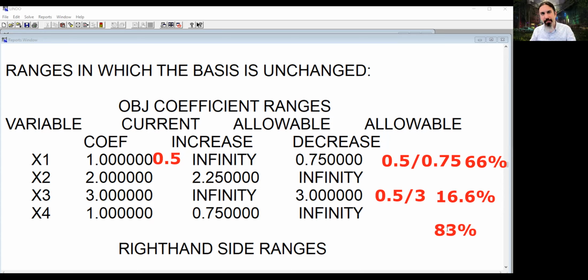But if the percentage is above 100%, for example, let's say that the last change isn't 0.5, but let's assume that it's 2. So I'm taking it down from 3 to 1, which is going to be a change of 2 points out of 3. This is the allowable decrease, 3. So my change is again 66%.